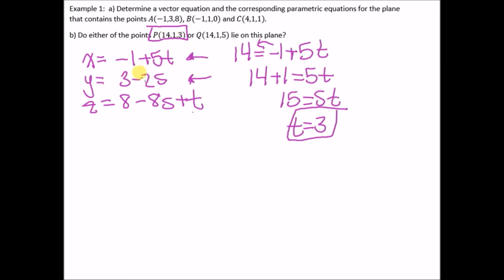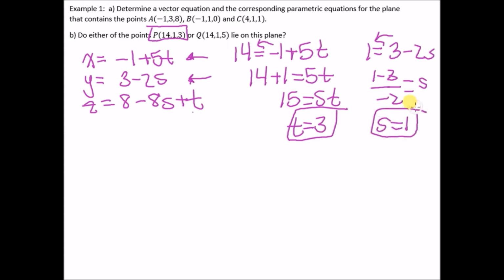Now, let's do the same thing for y. Let's sub in 1 for y. I'm going to start skipping a couple steps. Bring the 3 over, 1 minus 3, and then we divide out that -2. So for the parameter s, I get -2 over -2, s equals 1. So in order for the point 14, 1, 3 to lie on this plane, if we sub the parameters 3 and 1 into z, we should be able to get the number 3.